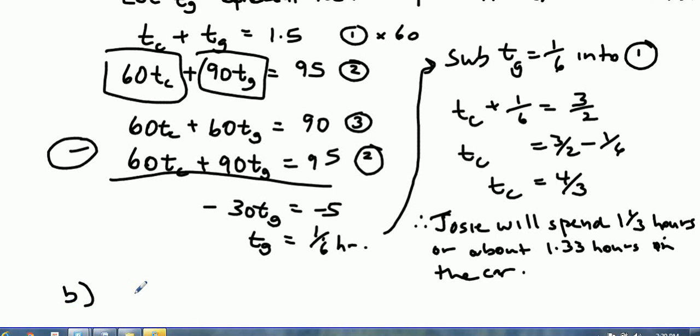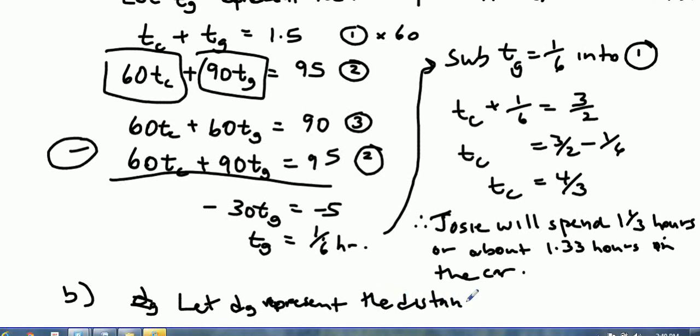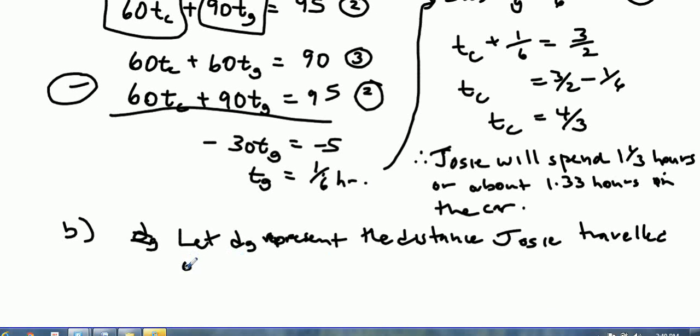So we know that the distance on the GO train is equal to, no, I'm just changing my mind here, I'm just going to use a let statement if I'm introducing that. So let DG represent the distance Josie traveled on the GO train, in kilometers.